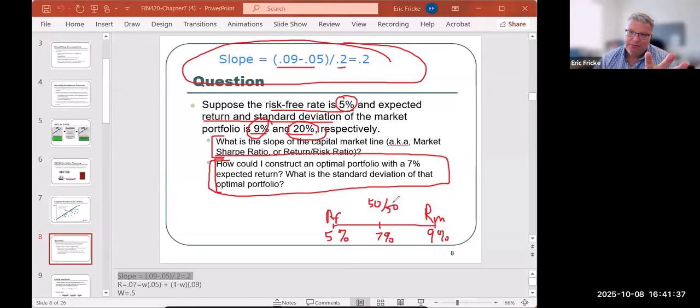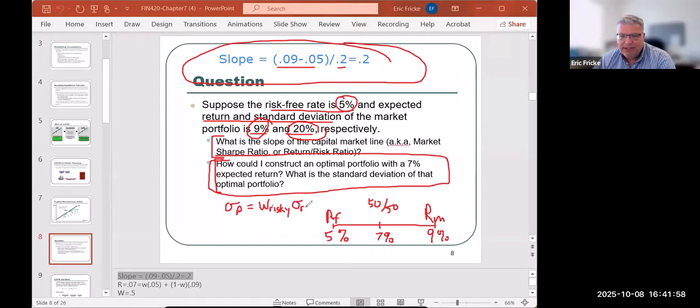I'll do this math so we can double check that. But then also the standard deviation of this portfolio, if you remember, is the weight, how much of our portfolio, that's the W, we put in the risky asset, in this case the market, times the standard deviation of the market.